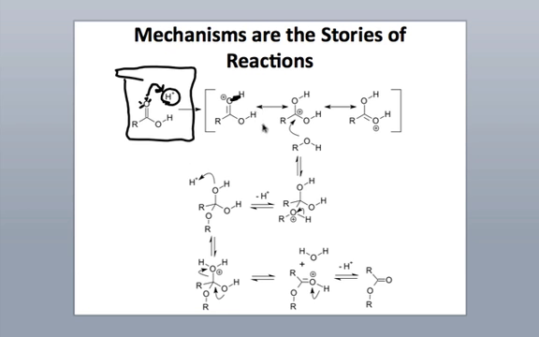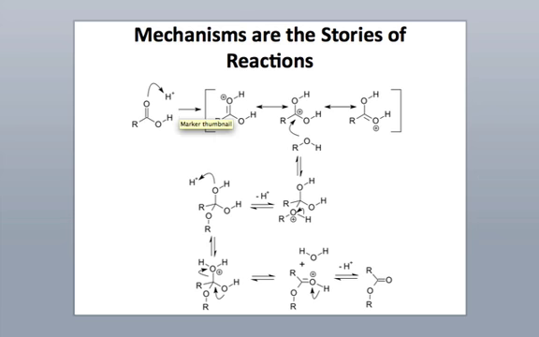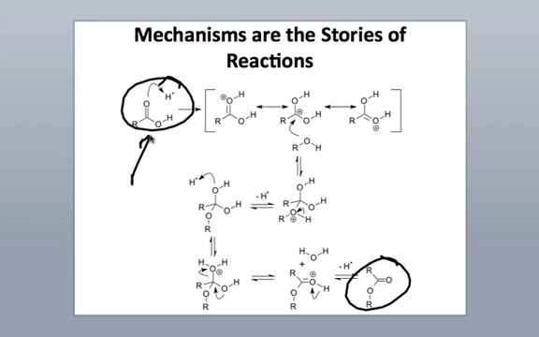And mechanisms give you an immense amount of information about how a reaction actually proceeds. So even though in the laboratory you may only observe the very starting materials and the very final products of a reaction, say you only observe the acid and the carboxylic acid and the final ester, knowing something about the mechanism is critical when thinking about what starting materials and what products are going to work for that kind of reaction.